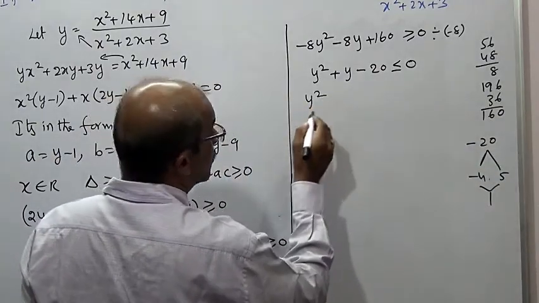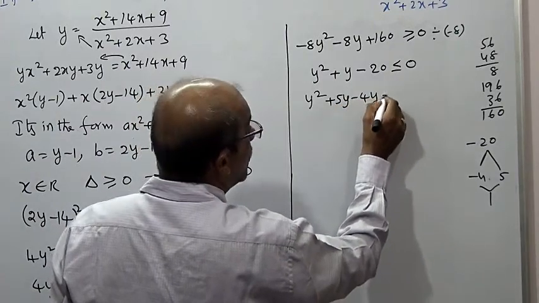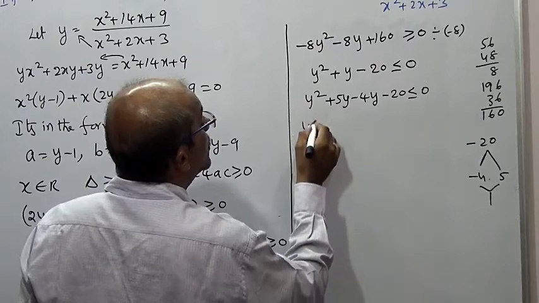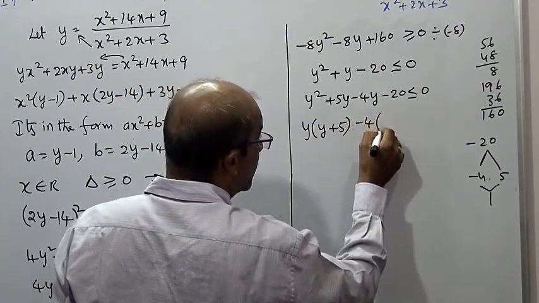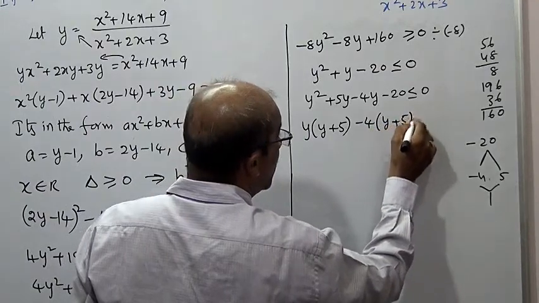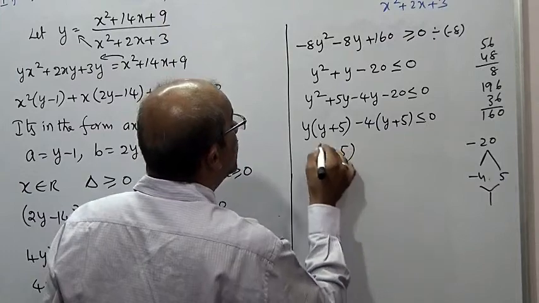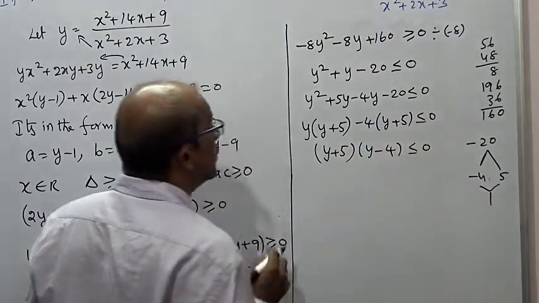Now y square plus 5y minus 4y minus 20 less than or equal to 0. First two terms take y common, y plus 5, minus 4 take common, y plus 5, less than or equal to 0. Now y plus 5 into y minus 4 less than or equal to 0.